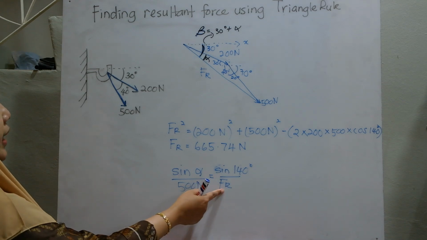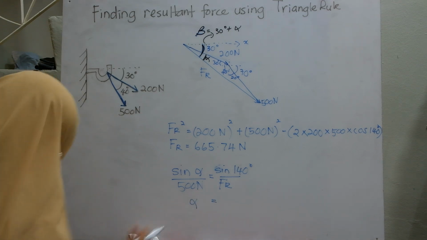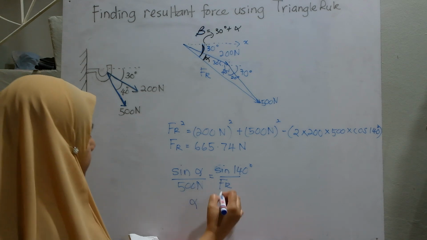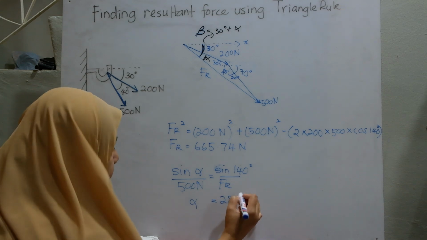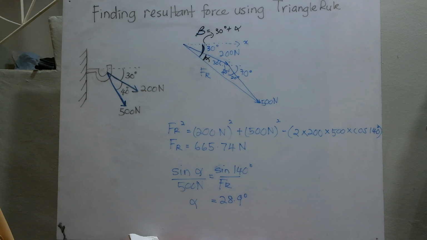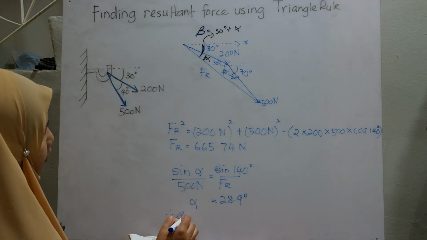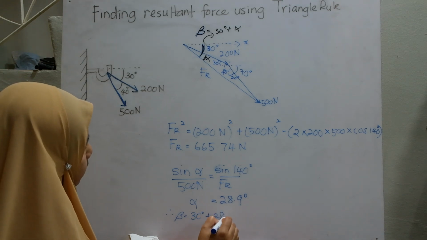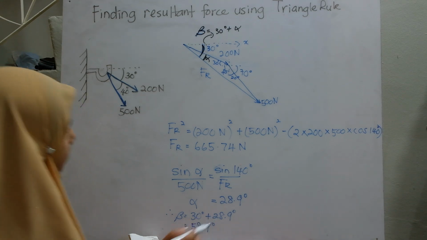By substituting the FR we got just now, we get alpha equivalent to 28.9 degrees. Therefore our beta is 30 degrees plus 28.9 degrees, equivalent to 58.9 degrees.